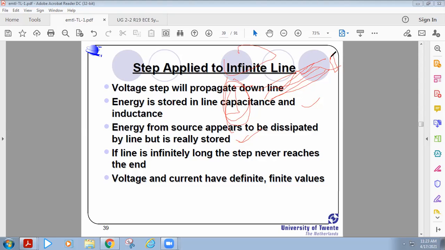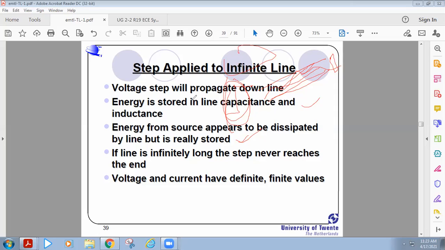But where exactly does that signal lie? Is it dissipated completely to zero? No. It seems like it is dissipated, but it is stored in the distributed inductance and capacitance values of the transmission line. That is point three.